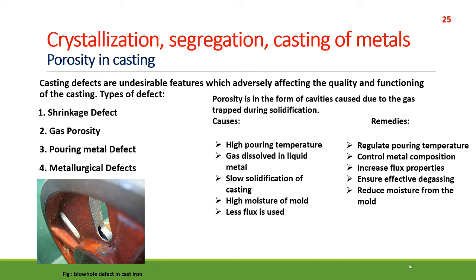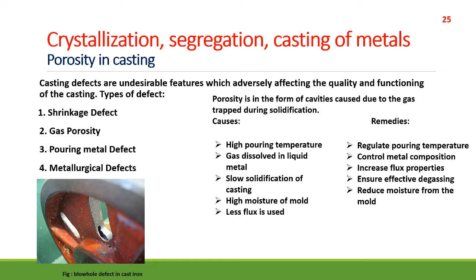This occurs because most liquid materials can hold a large amount of dissolved gas, but when they solidify, they cannot hold gas bubbles, and the gas that was present in the liquid phase turns into porosity, which is called gas porosity. Gas porosity may present itself on the surface of the casting, or the pore may be trapped inside the metal, which reduces the strength of the metal.